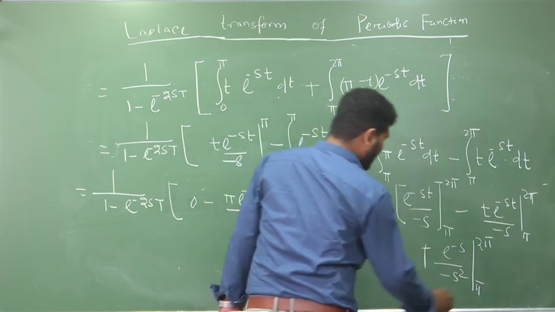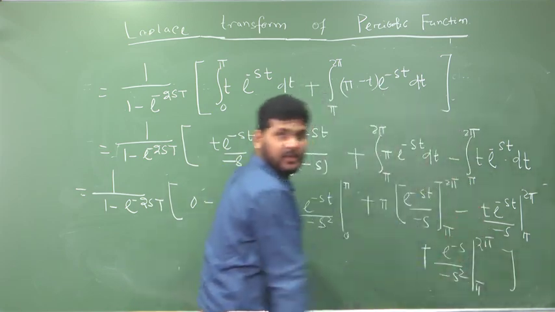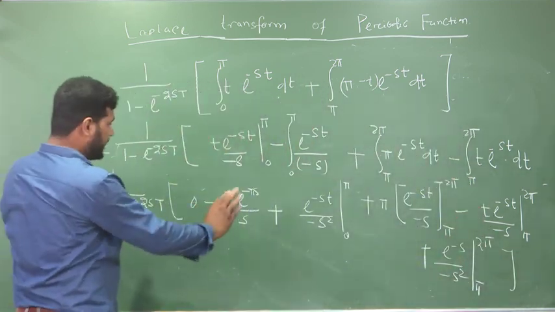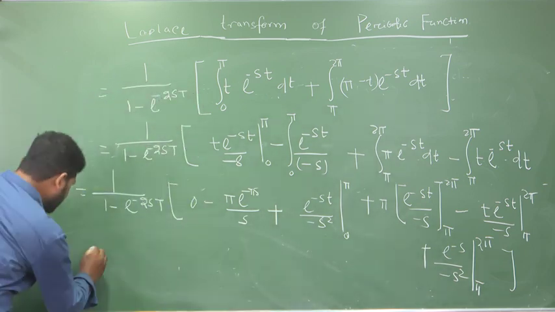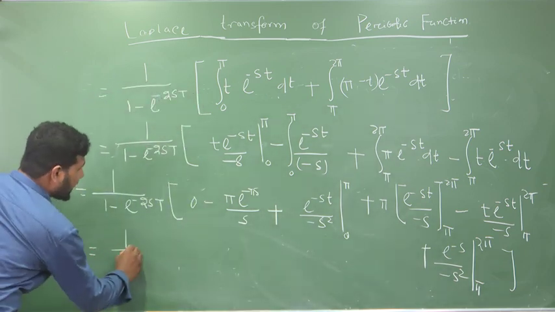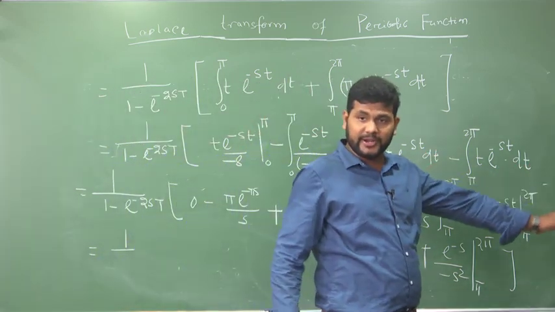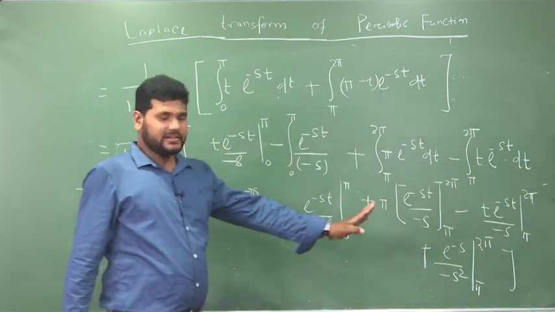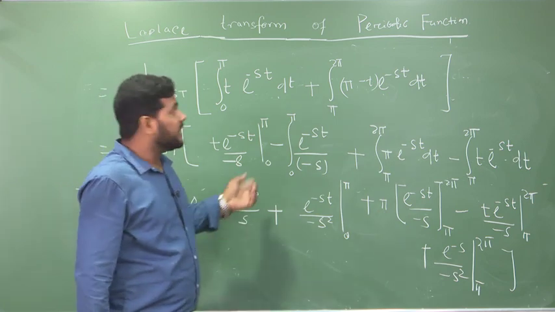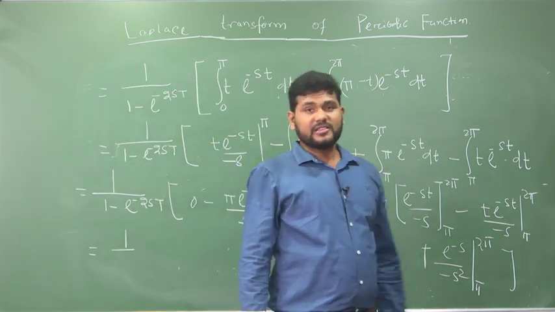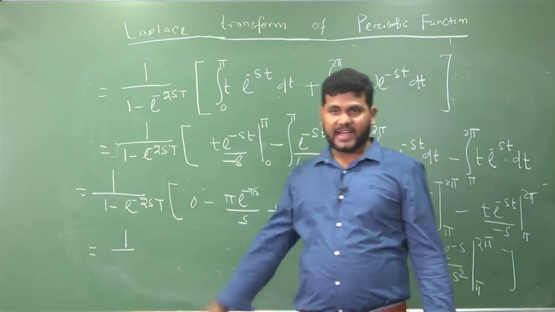Now this completes the expression. There are different terms; we will evaluate each and every term at the upper and lower limits, and we will find the simple answer for the Laplace transform of the sawtooth wave. So thank you everyone.